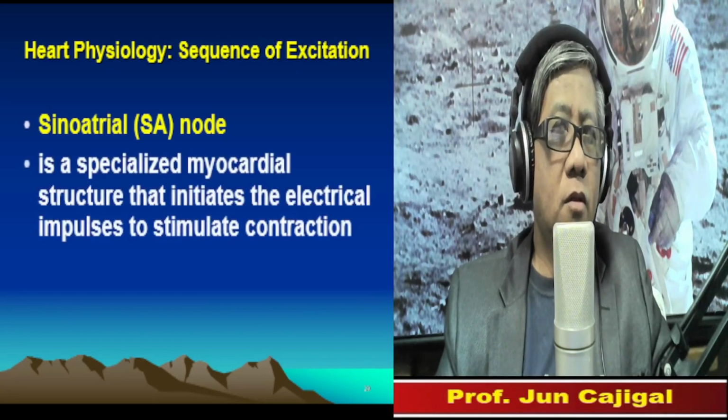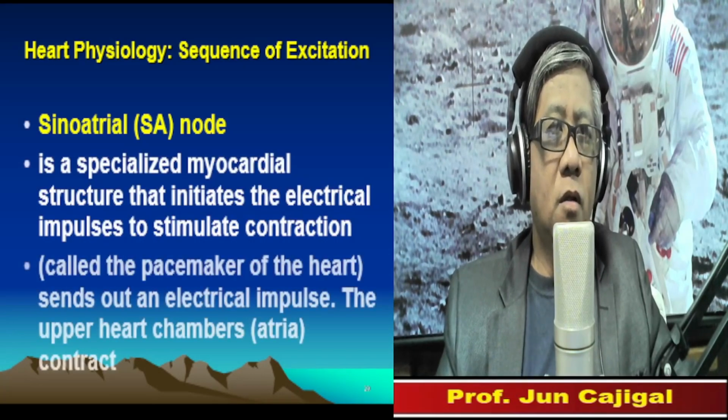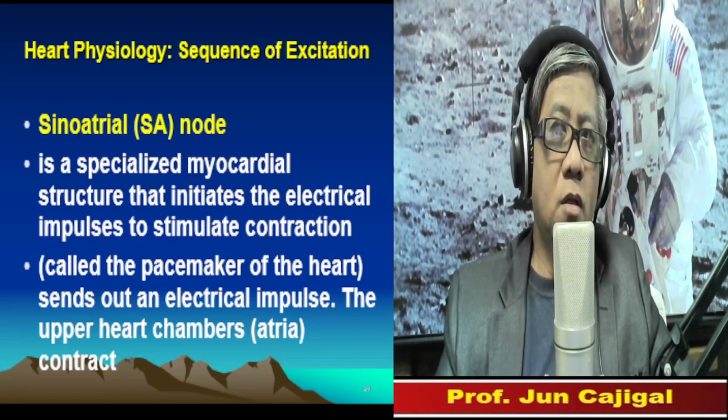The sinoatrial node is a specialized myocardial structure that initiates the electrical impulses to stimulate the heart muscle to contract. It can be considered the heart's natural pacemaker, and sends out electrical impulses to the upper chambers of the heart, or the atria. This will allow the atria to contract.